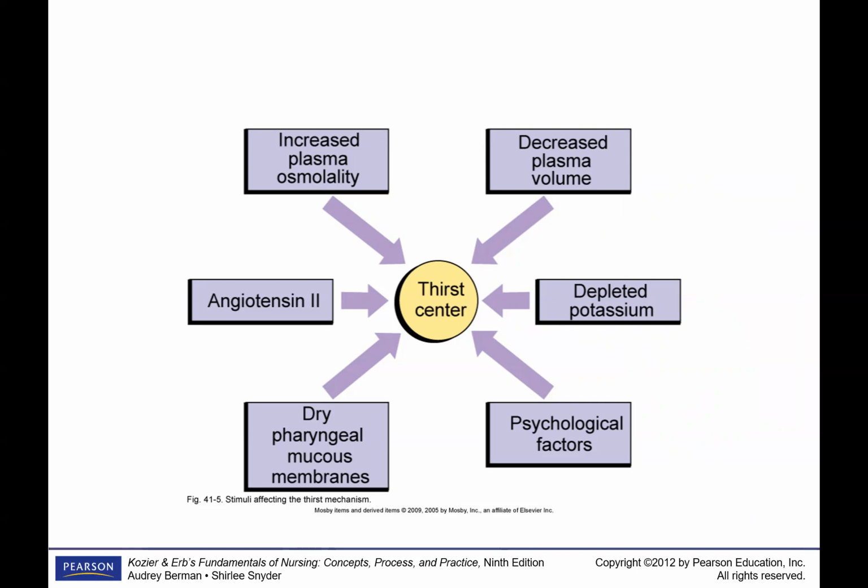Also dry pharyngeal mucous membranes, and angiotensin 2 causes us to want to drink more fluids when it is secreted, and an increased plasma osmolality, which means that basically the blood gets more concentrated.